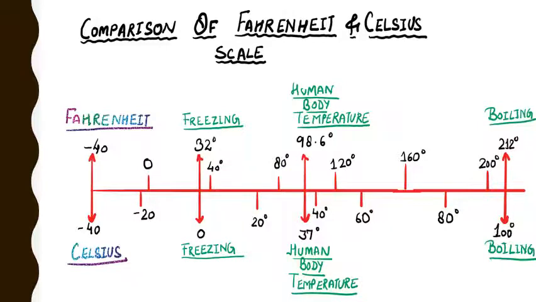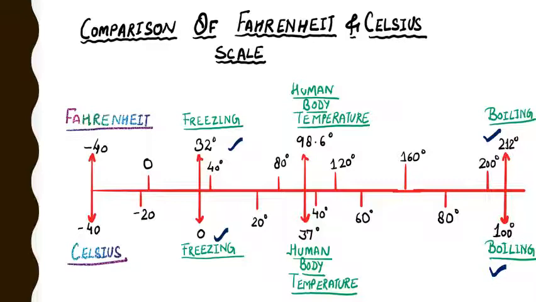This picture shows the comparison between the Celsius and Fahrenheit scales. As you can see clearly, the lower fixed point, that is the freezing point, in case of the Celsius scale is 0, while in the Fahrenheit scale it is 32 degrees Fahrenheit. The upper fixed point, or the boiling point, in the Celsius scale is 100 degrees, whereas in the Fahrenheit scale it is 212 degrees.